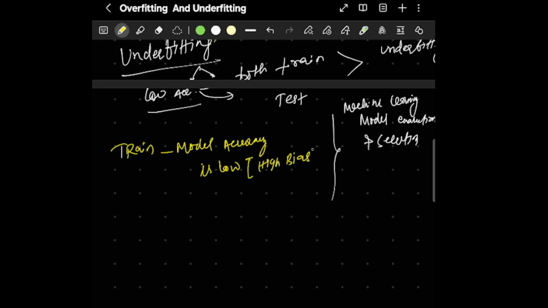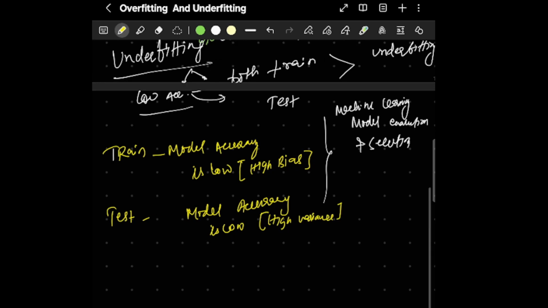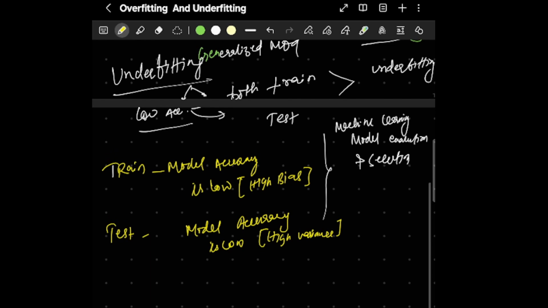If in test data the model accuracy is low, that is called high variance. Hope all the terminology is clear: overfitting, underfitting, test data, train data, bias, high variance, low bias, all the concepts. Hope all the concepts are clear till now.